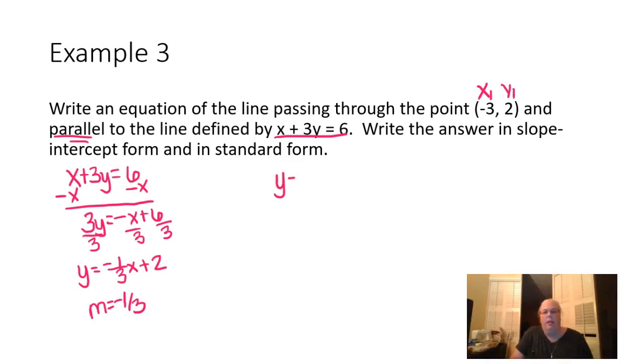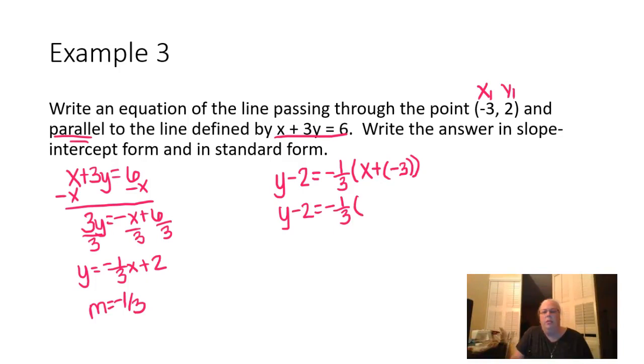So y minus y1 is equal to our slope times x minus x1. Let's clean this up a little bit. We have y minus 2 equal to -1/3.